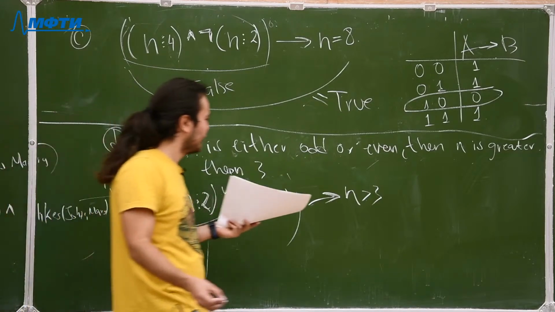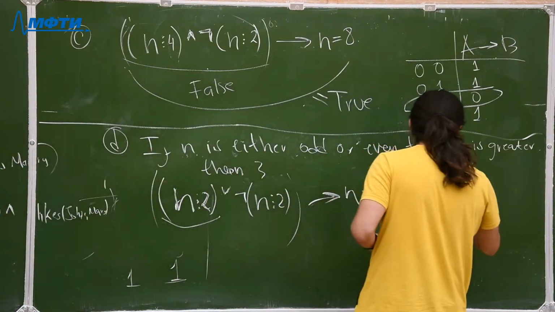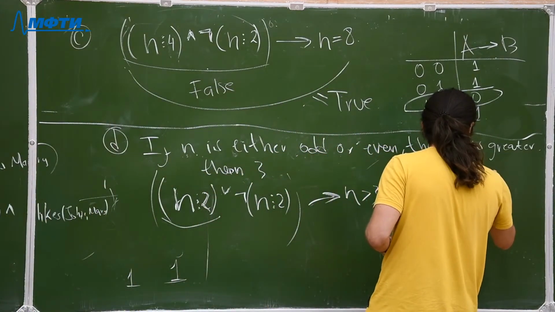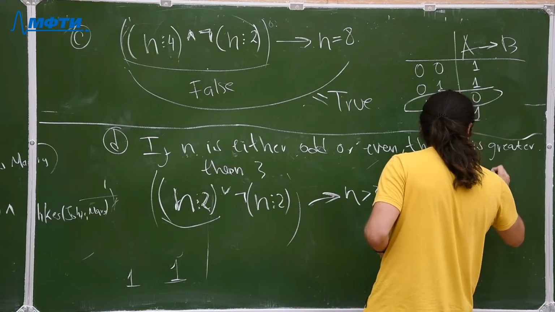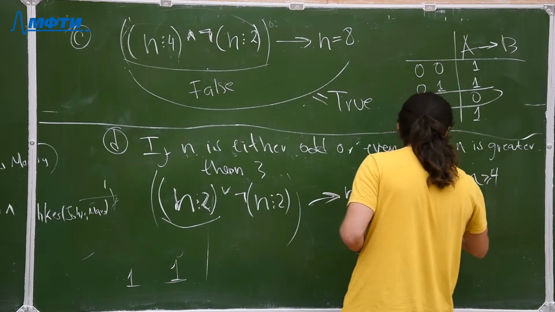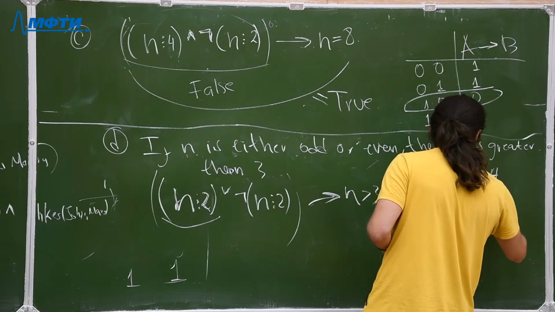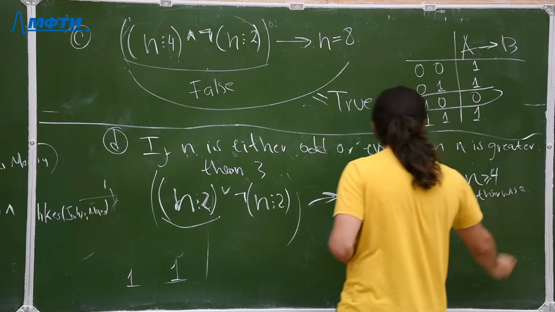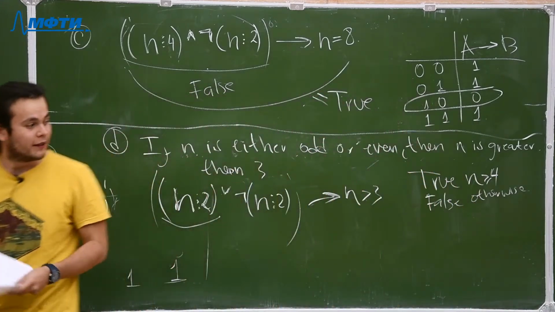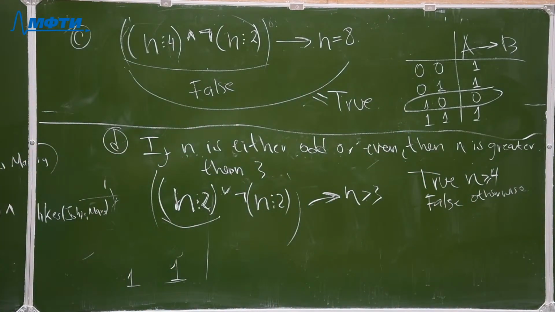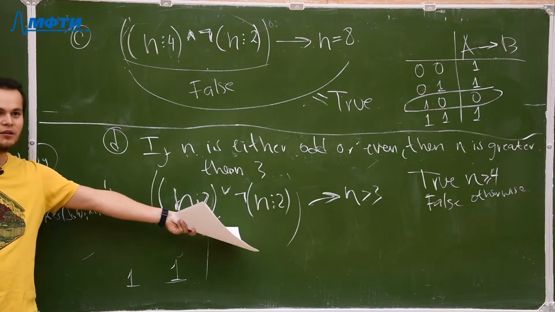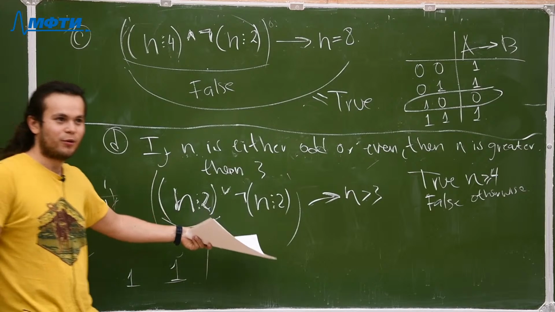Always. So it's true for n at most 4, and false otherwise, okay? And that's it. Is it clear, this part? Yes? Everyone? Okay.